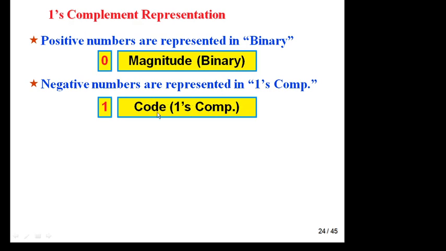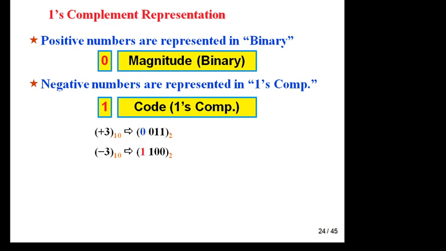Now you have to determine the ones complement of this magnitude. Plus 3 is the same as in sign magnitude, but minus 3 in ones complement is nothing but the ones complement of plus 3.